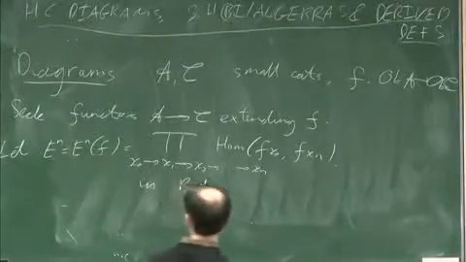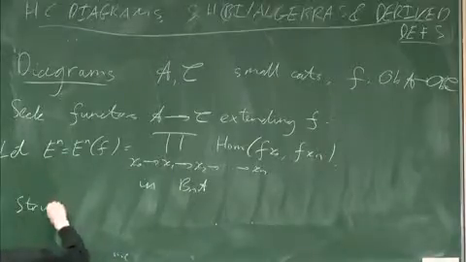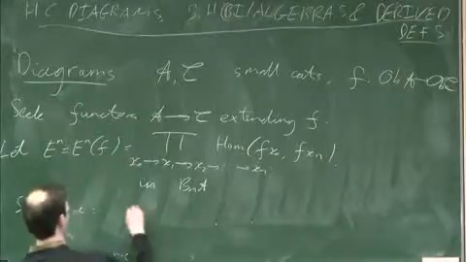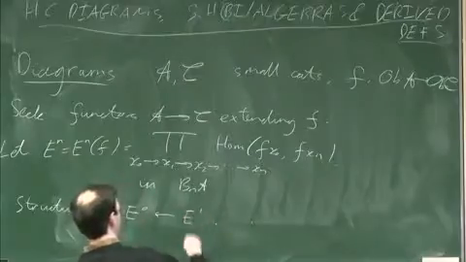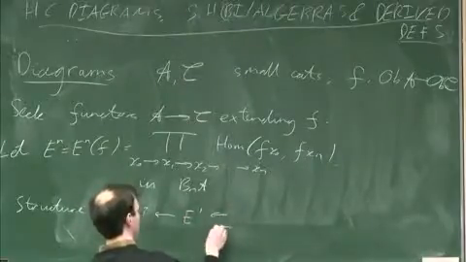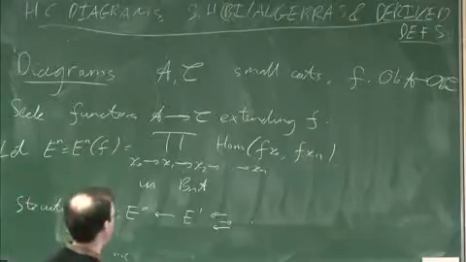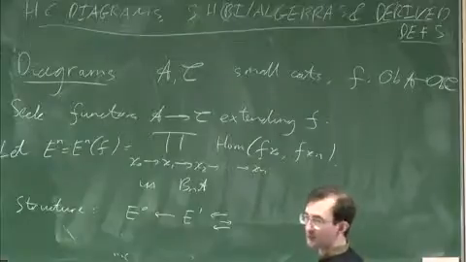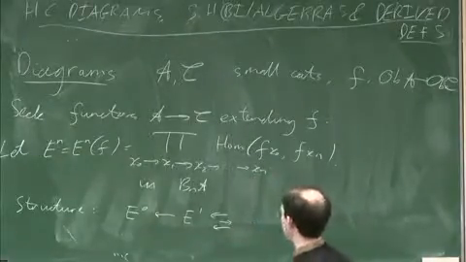And so the structure of this thing is as follows. It's an augmented simplicial set. E0 is just the product of the endomorphisms, product overall.